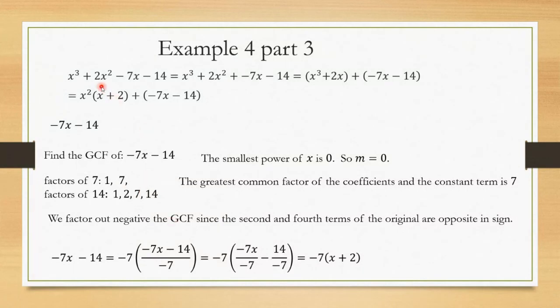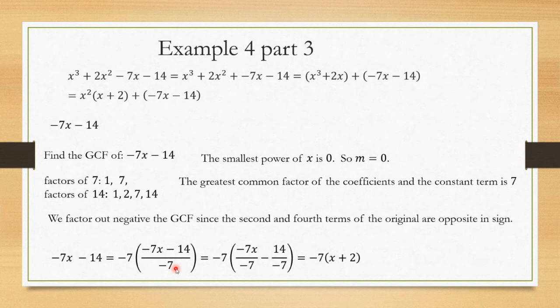But again, since the second and the fourth term are opposite in sign, one's addition, the other is subtraction, we must factor out a negative from the second group. So we factor out -7. That's what I'm doing here. Okay, so we have -7 in front, right? We divide to see what's left over.